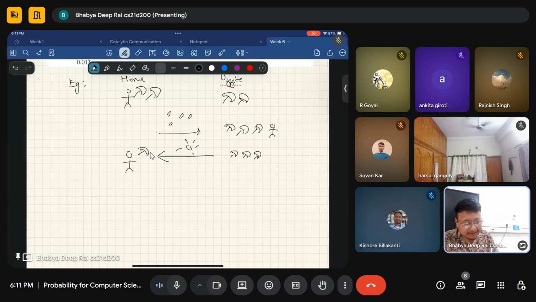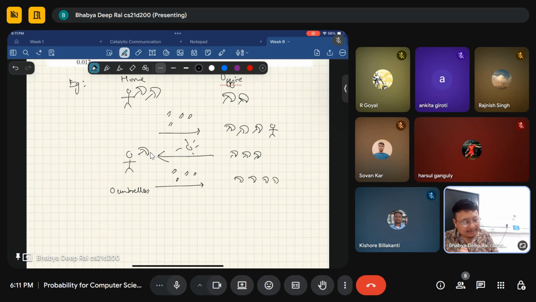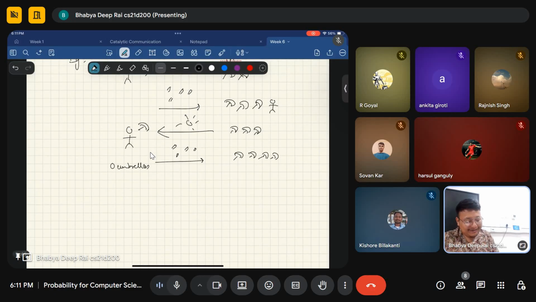Now what I do is, let's say I go to the office and it rains again this time. So what do I have here? No umbrellas, zero umbrellas. And I take that umbrella with me and it rains. Okay, and I'm at the office now, right? Now I go back, let's say, and it's sunny again.